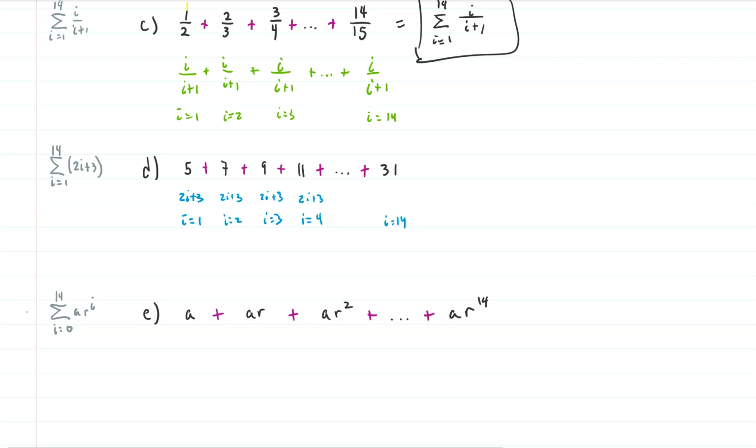That totally works. 2i plus 3, if I is 14, then 14 times 2 is 28, and add 3, you get 31. So this works. This is the sum from I equals 1 to 14 of 2i plus 3.